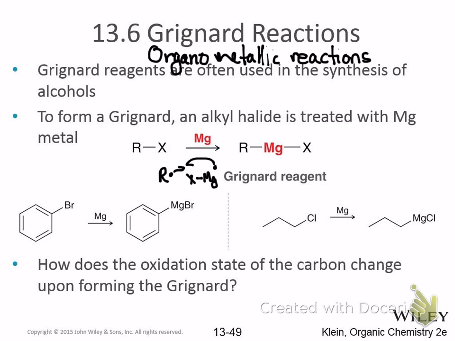So the way we treat Grignard reagents, this side's really positive, this side's really negative. And so a lot of times it gets drawn like this, which I am okay with.